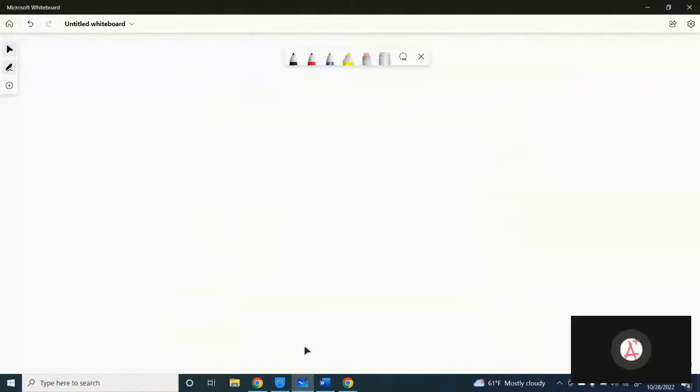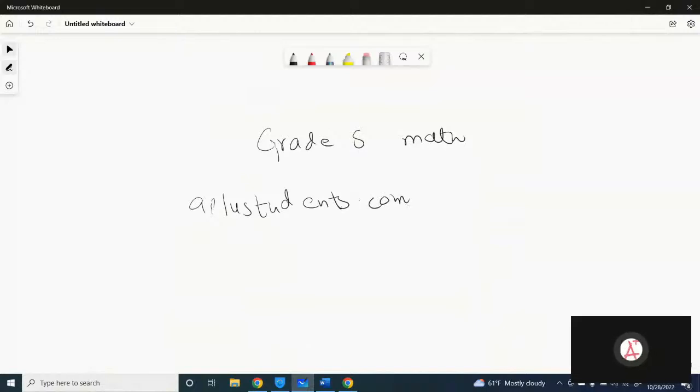So we're going to start with grade 5 maths. You can find all the lessons on aplusstudents.com. You have to log in there using your email address and password.